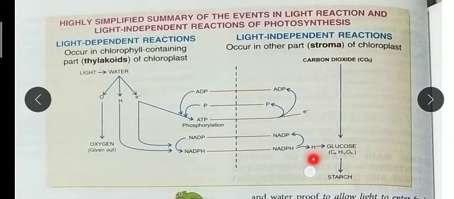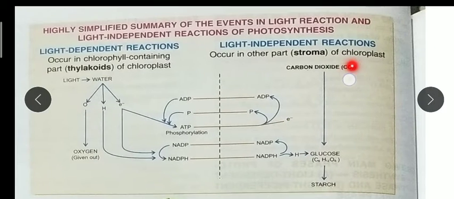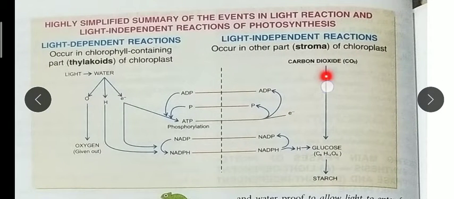When these combine with the CO2 in the stroma, this equation takes place and produces glucose, C6H12O6. This is utilized by the plant, and then converted into starch.